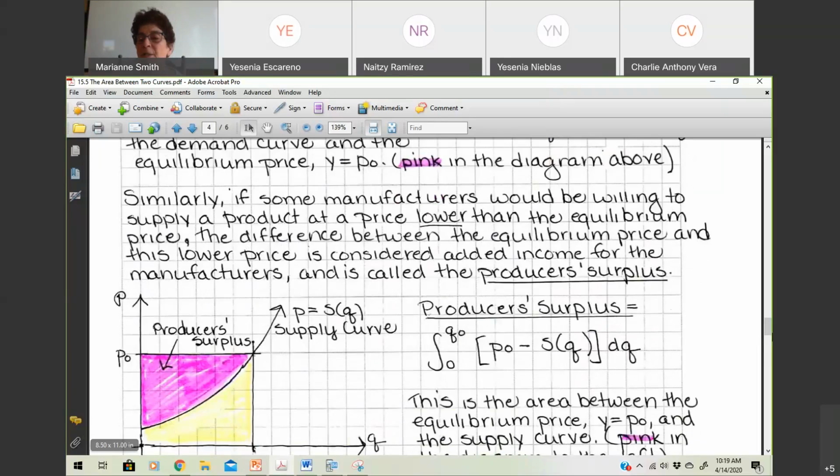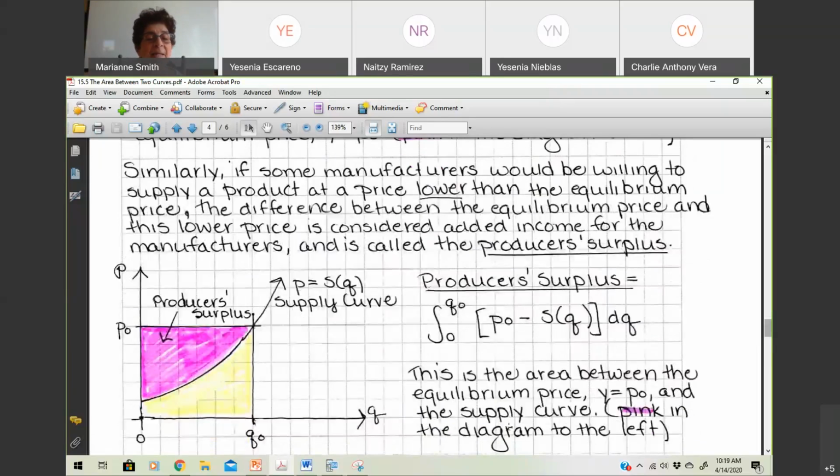So here's a picture that goes with that. Again, you see equilibrium price here, equilibrium quantity here. Here, the supply curve is below the equilibrium price. So if you wanted to find that integral, you would put the equilibrium price first because it's the higher of the two function values, even though it's constant, right?